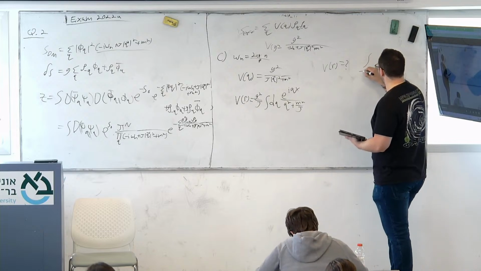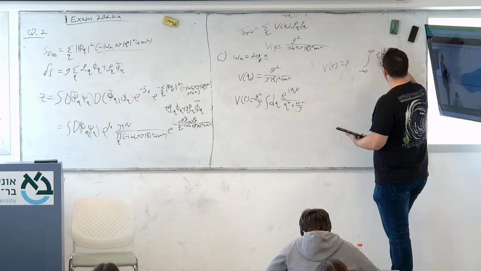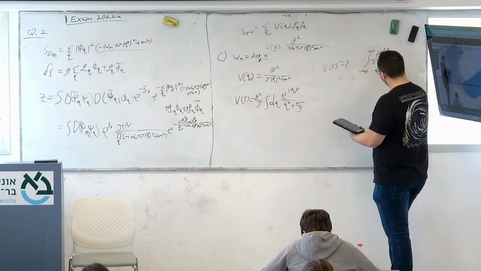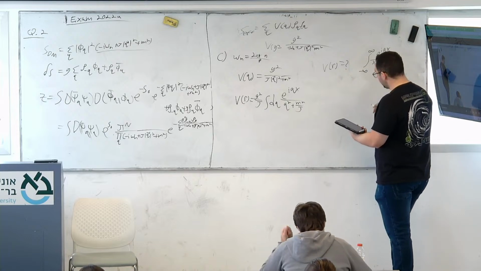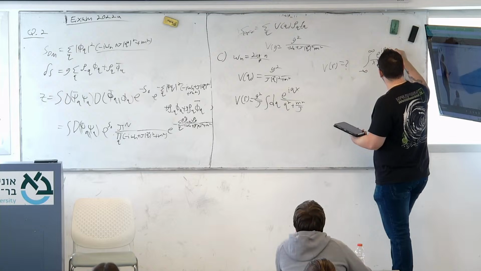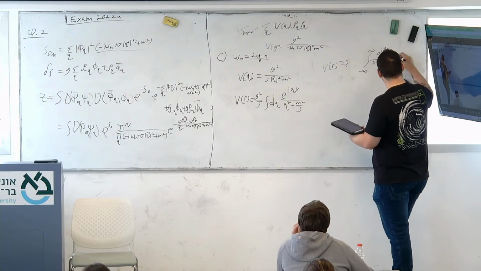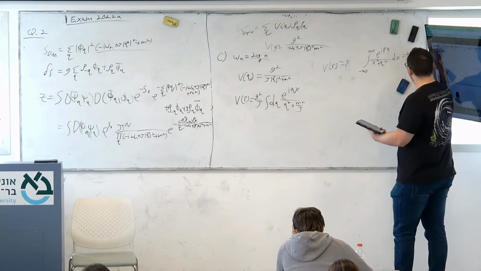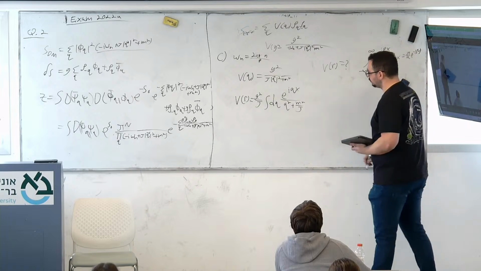We're given the hint: integral of e to the i x p divided by p squared plus a squared, p dp, dx, equals pi divided by a, e to the minus p a.